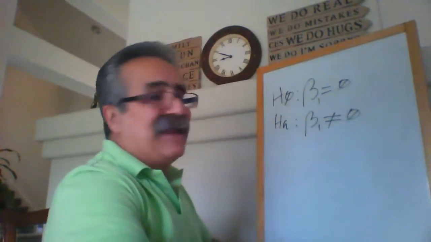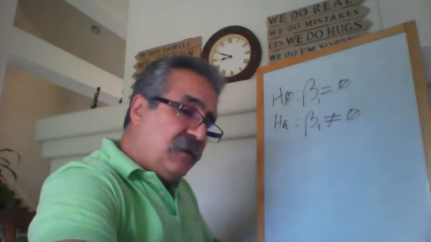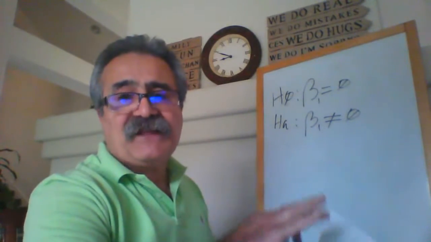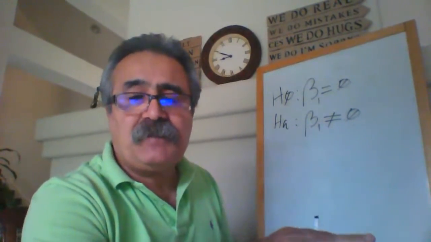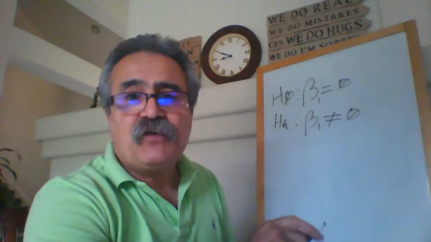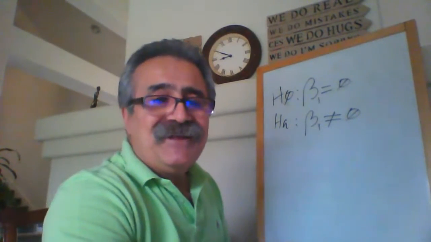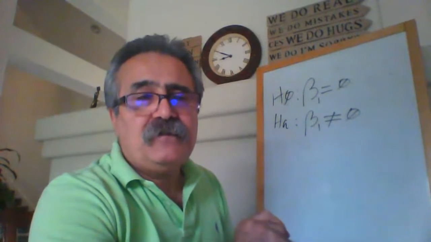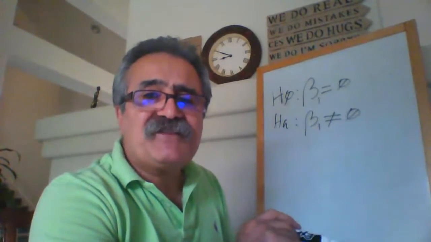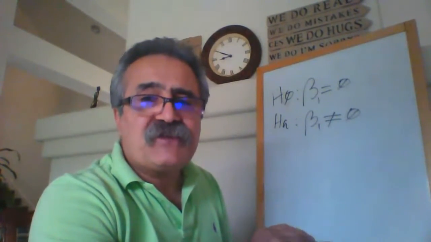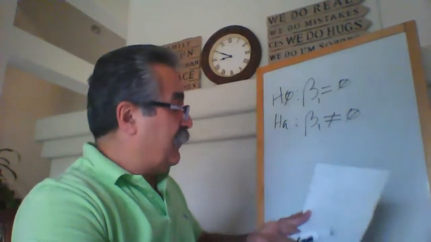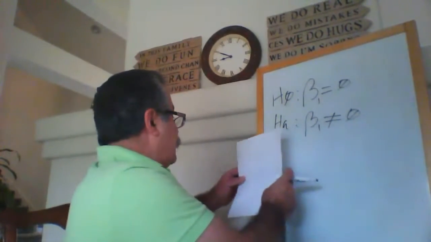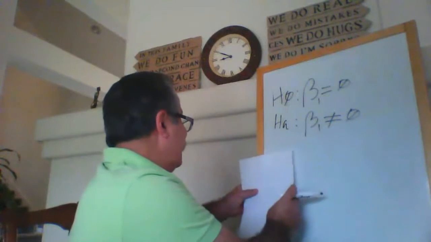The t-test has some formulas, which are already on that sheet that I have uploaded on Beachboard under content. And for those of you at Pomona, it's under course information on Blackboard, right? So these are the formulas for the t-test.